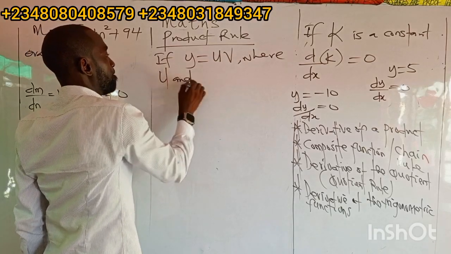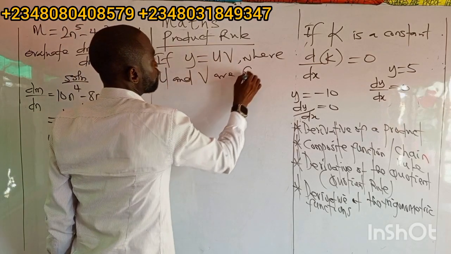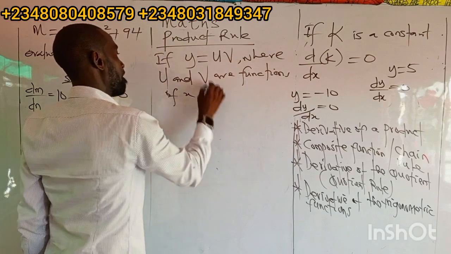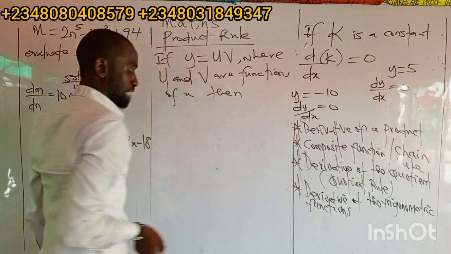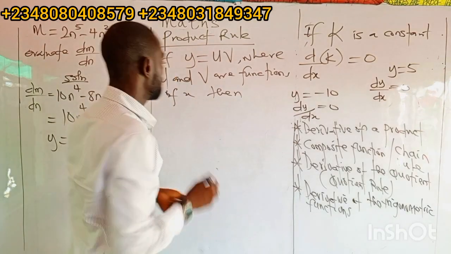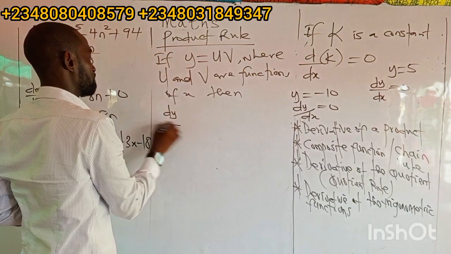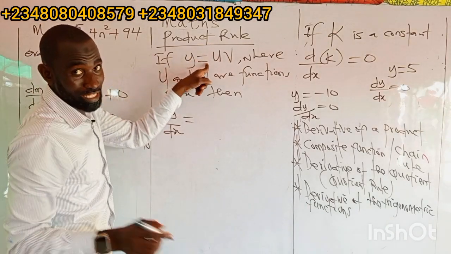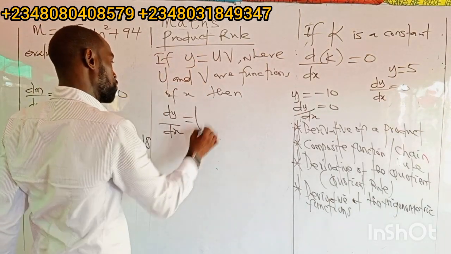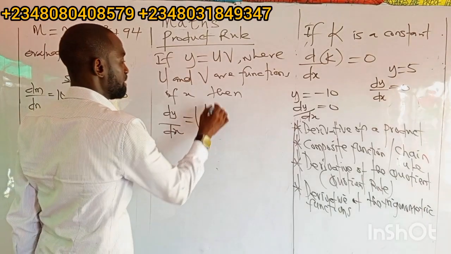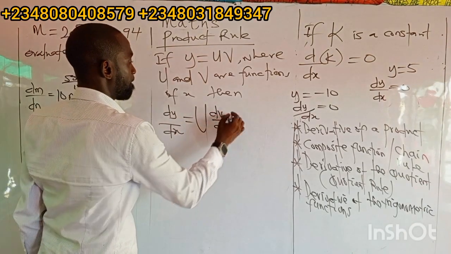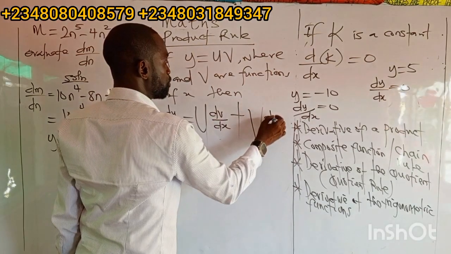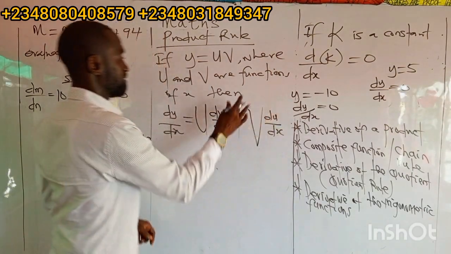Where u and v are functions of x, then, class, I think you know what we are doing here. We are finding derivatives. So dy/dx will be equal to, pay close attention here, u times dv/dx plus v times du/dx.